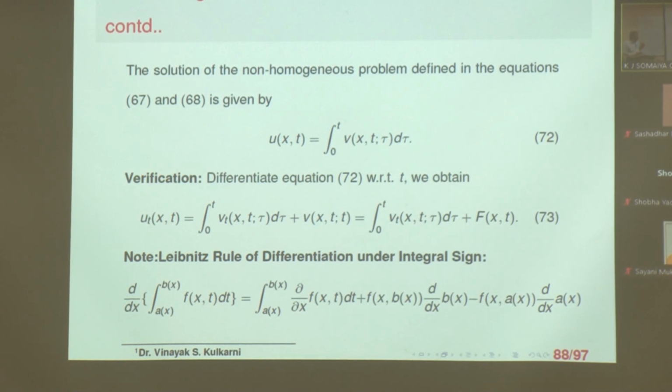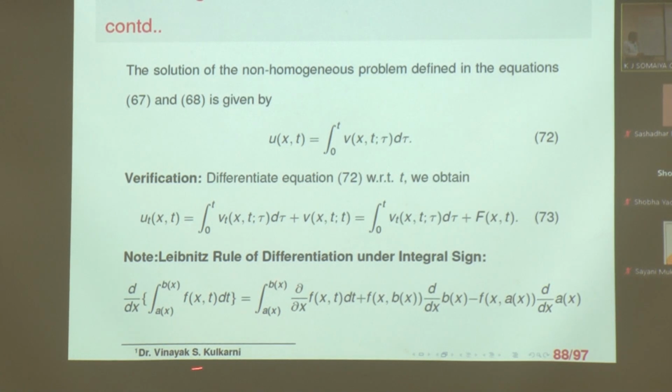Suppose the integral is the integration from a(x) to b(x), meaning the limits are functions of x, of f(x,t), and you want to differentiate with respect to x. How can we differentiate this integral? This is known as the Leibniz rule of differentiation under the integral sign, and the rule is like this.